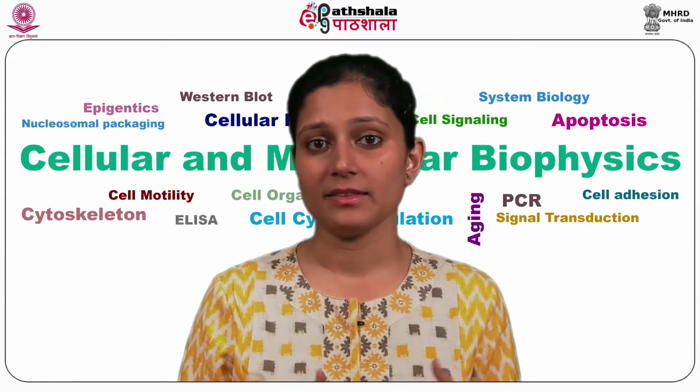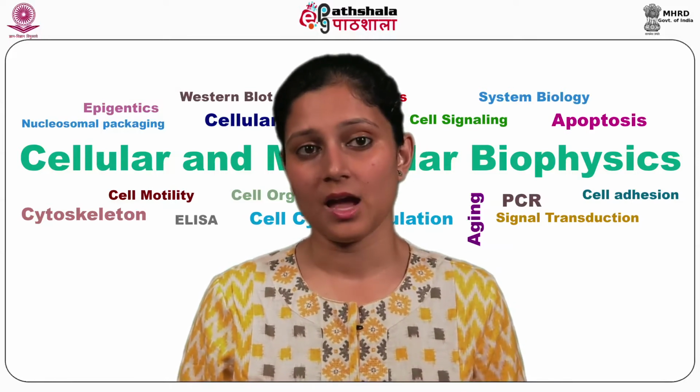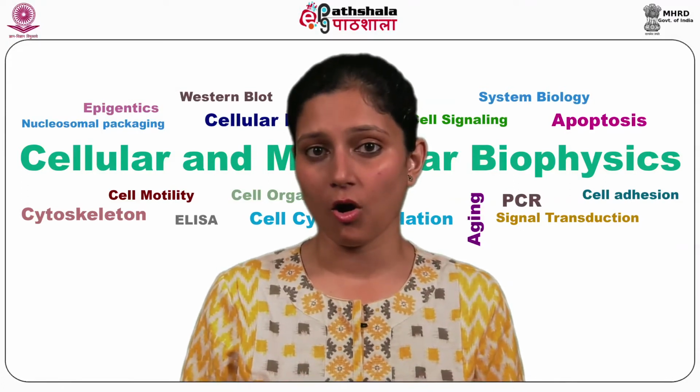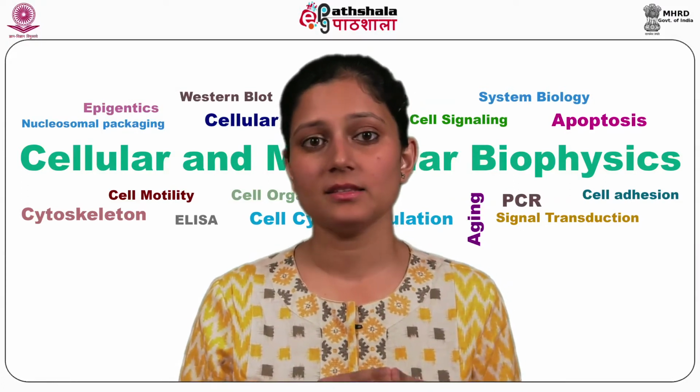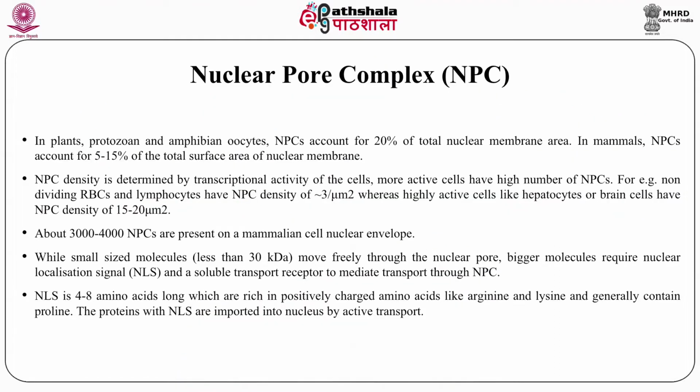But sometimes the NPCs can be arranged in hexagonal symmetry, as in Malpighian tubule cells of grasshoppers, or in clusters, as in the oocytes of Xenopus laevis. In plants, protozoan and amphibian oocytes, NPCs account for 20% of total nuclear membrane area. However, in mammals, NPCs account for 5 to 15% of the total surface area of nuclear membrane.